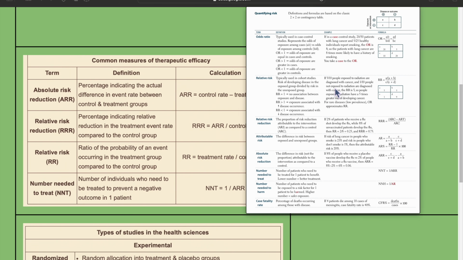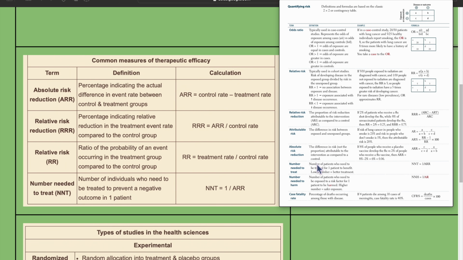All right, so absolute risk reduction. The difference in risk attributed to the intervention as compared to the control group. If 8% of the people who received a placebo developed the flu, versus 2% of those who received a flu vaccine, right? So 8 minus 2, 6%, or 0.06 is your absolute risk reduction.